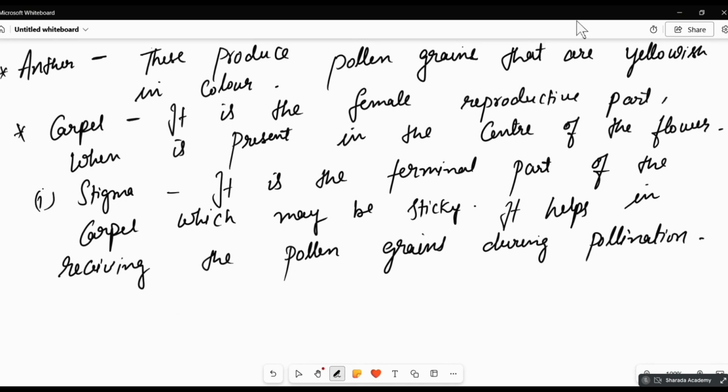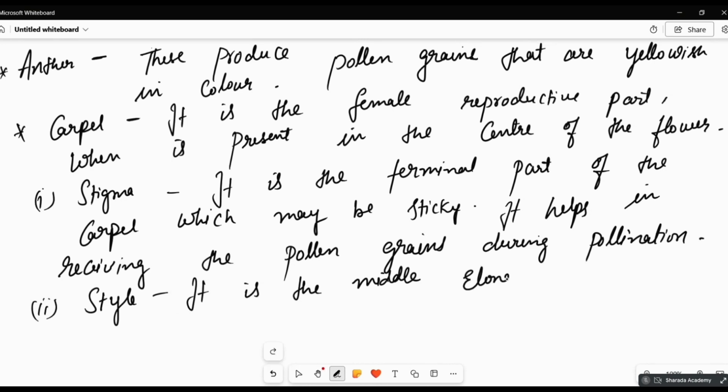Okay. Next comes the style. It is the middle elongated part of carpel.